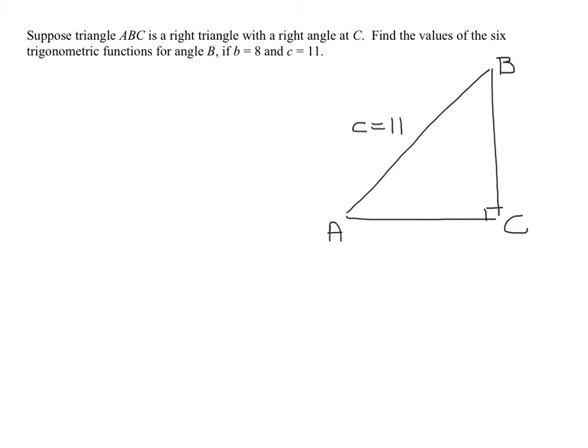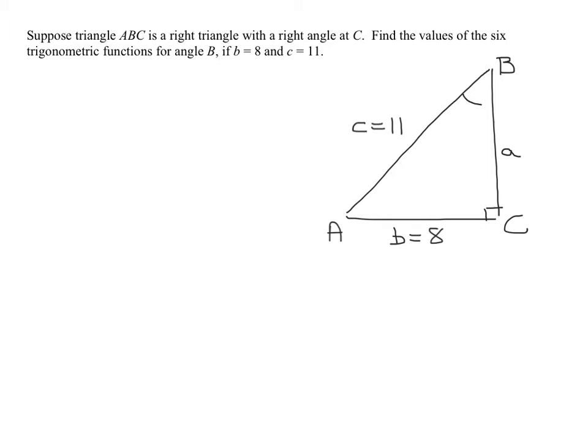And once we've done that, make sure you label the sides correctly. The side opposite angle B is little b. So side b we know is 8. The side opposite angle A is side a.